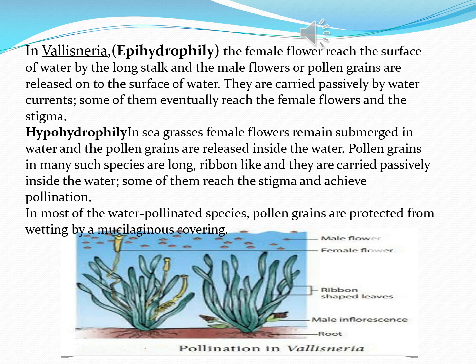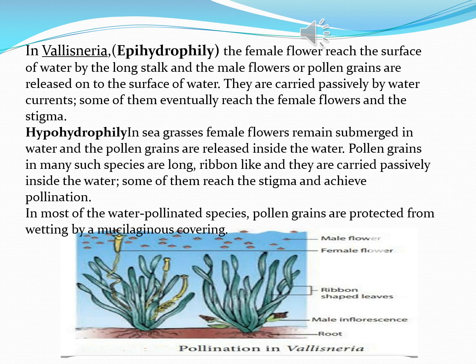Epi means above, and hydrophily is the transfer of pollen grains. So here the transfer of pollen grains takes place on the surface of the water, which we call epihydrophily. We can observe this in the diagram of Vallisneria.